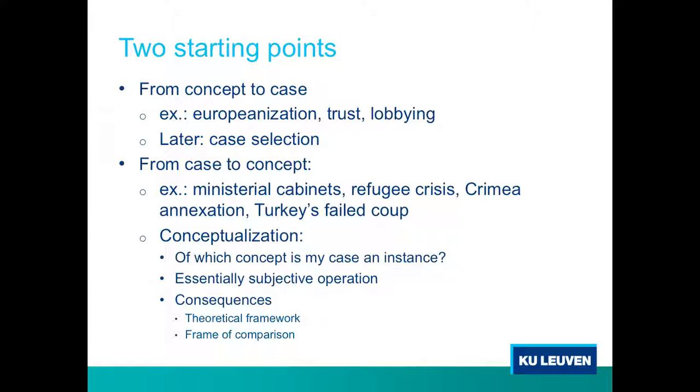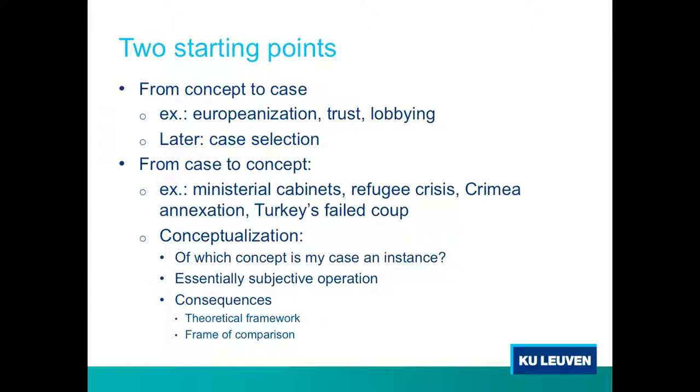But in this list of topics, you can see two kinds of research starting points. In some instances, you will see that the topic is a concept. You will see proposals to study Europeanization or proposals to study trust, to study lobbying, co-production, professionalism, whatever.